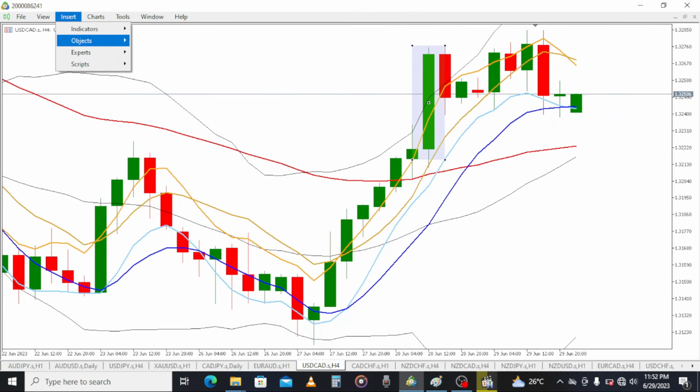Immediately, the price reached my reversal point, which is that MA10.